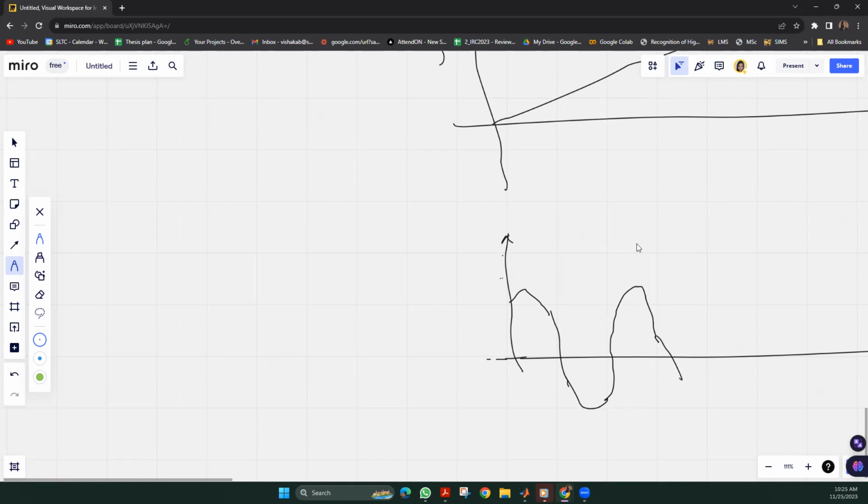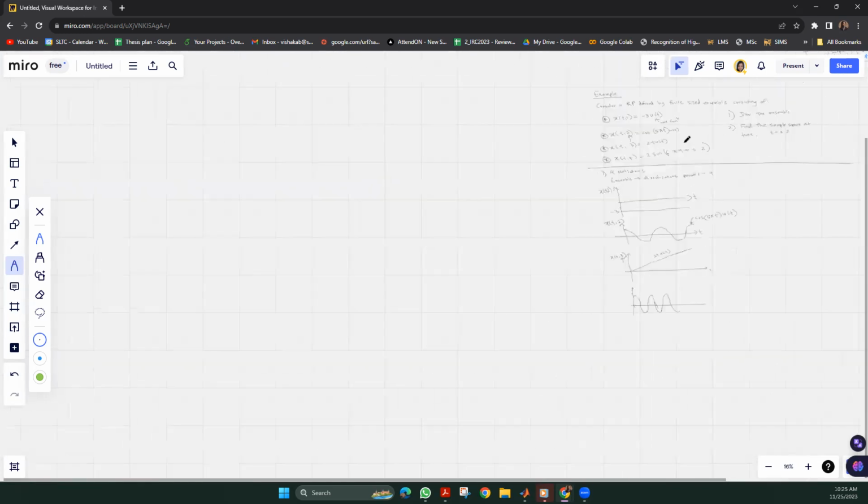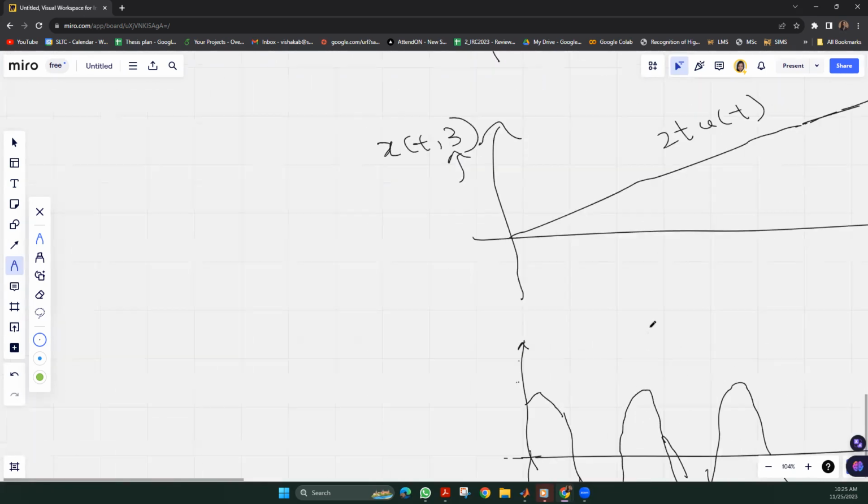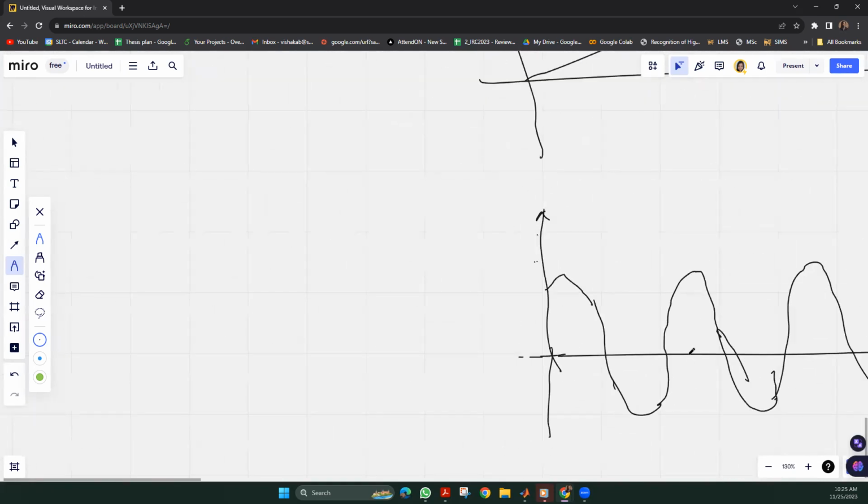Since it has a higher frequency than the earlier one, we are going to draw it with a higher frequency. It should be a sinusoidal signal with a higher frequency than the previous cosine signal. I don't want you to detail each and every point in the signal; you just need to show the shape of the signal.